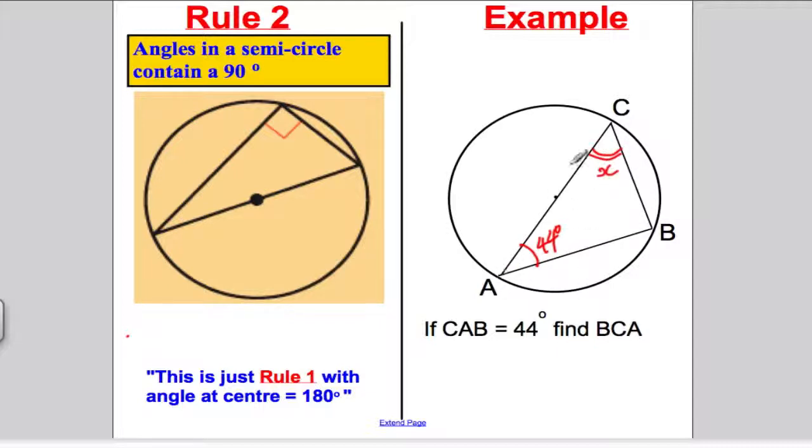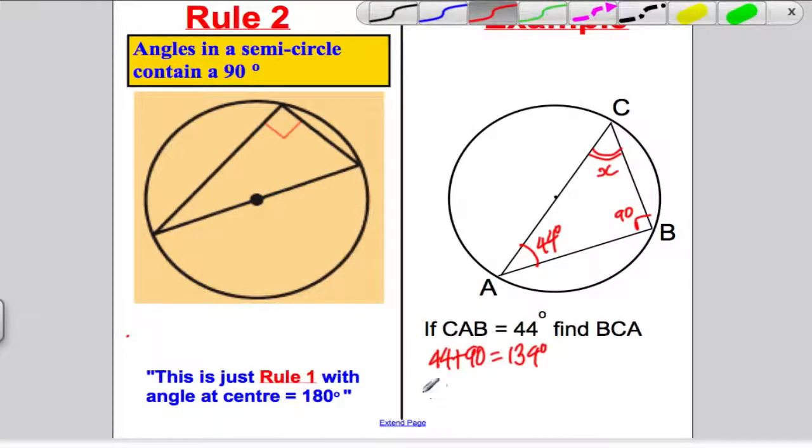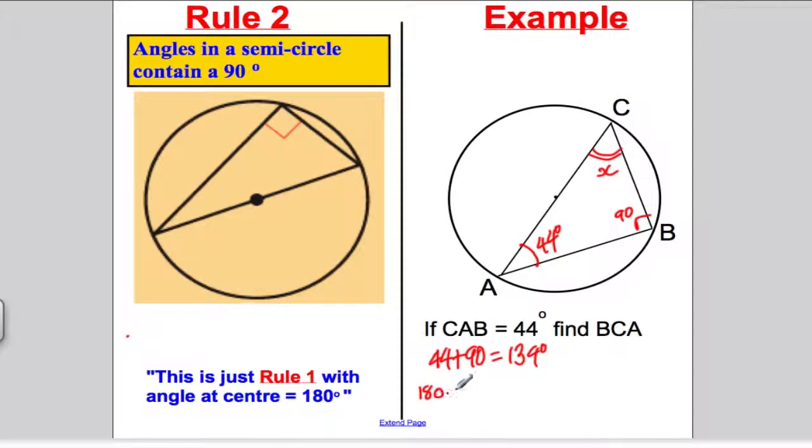Well, if this is a diameter, this is a triangle in a semicircle, this angle here must be 90. So to get this one, you add 44, add 90, you get 134 degrees. And then you take that away from 180, so you do 180 subtract 134, and you get 46 degrees. So BCA is 46 degrees.